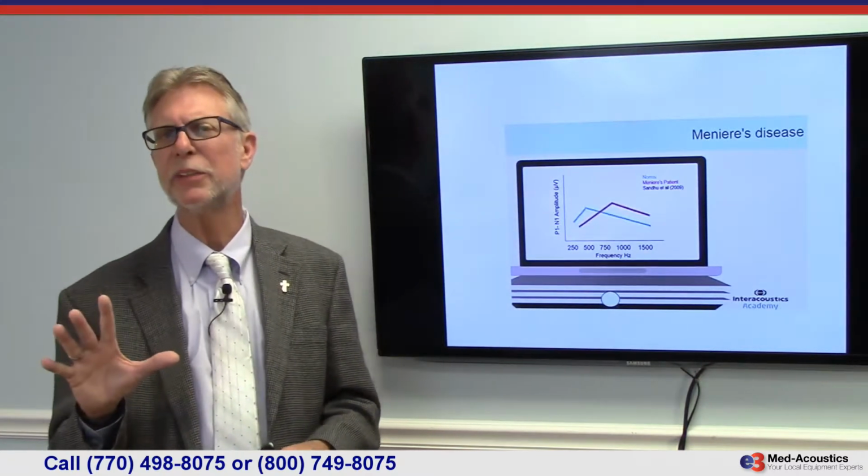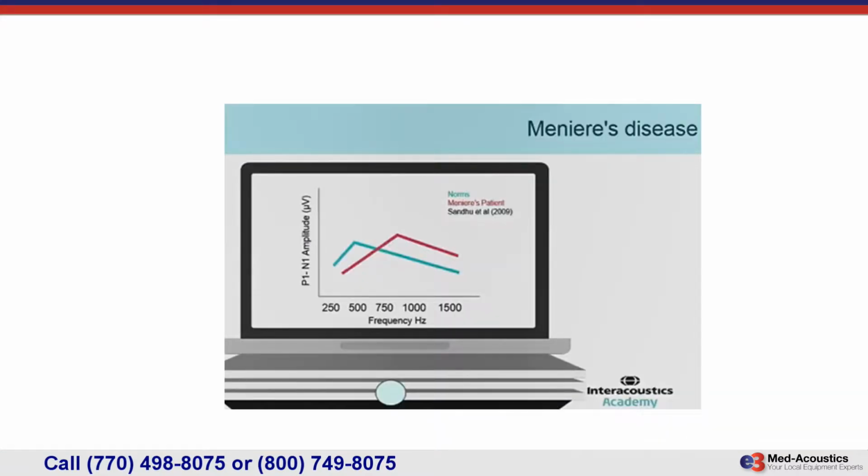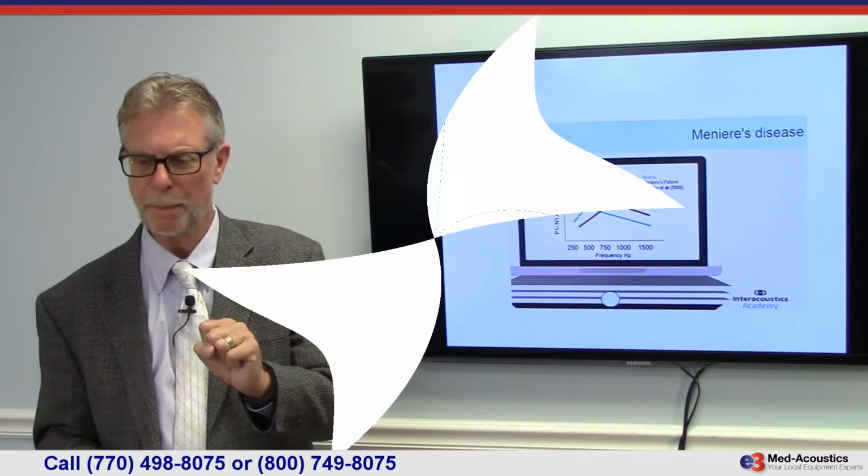And remember Meniere's? Well, there's a number of studies that show that there's a phenomenon that takes place in the VEMP test, the C-VEMP test. The C-VEMP response is normally the highest amplitude at 500 hertz. That's why we use a 500 hertz tone burst, right?